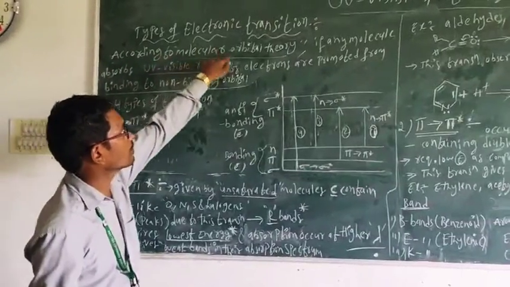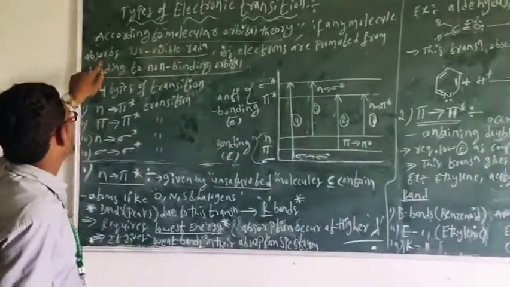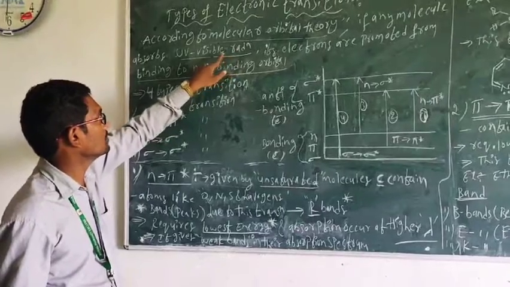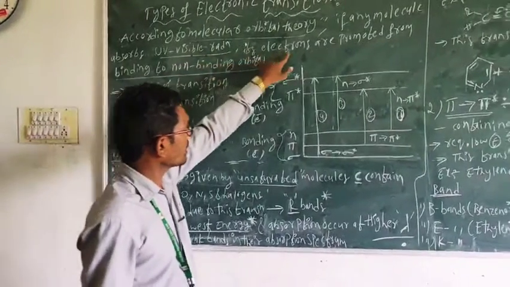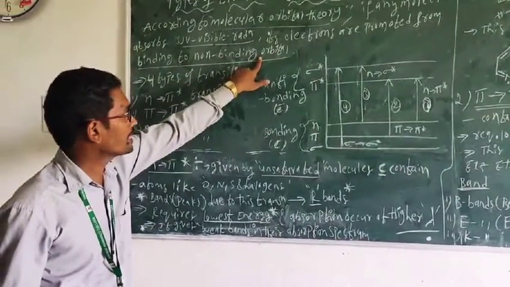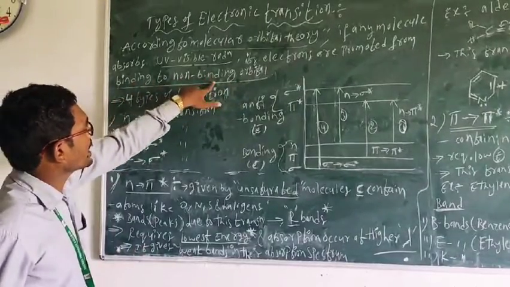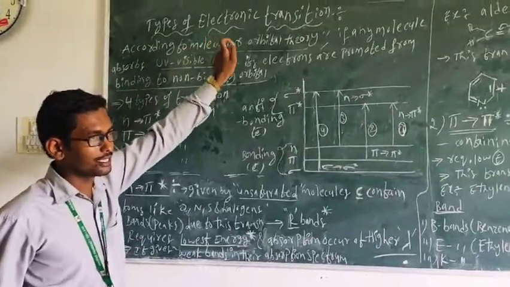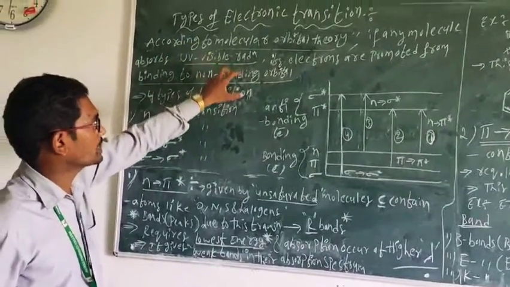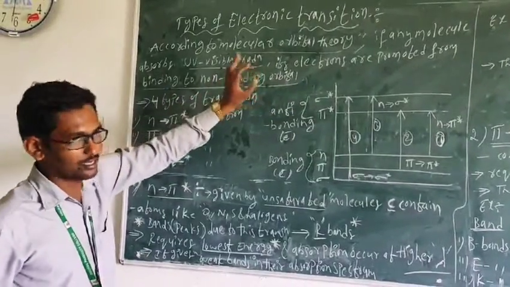According to molecular orbital theory, if any molecule absorbs UV visible radiation, its electrons are promoted from bonding to anti-bonding orbital.